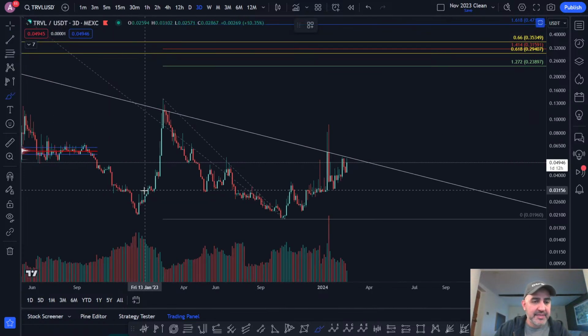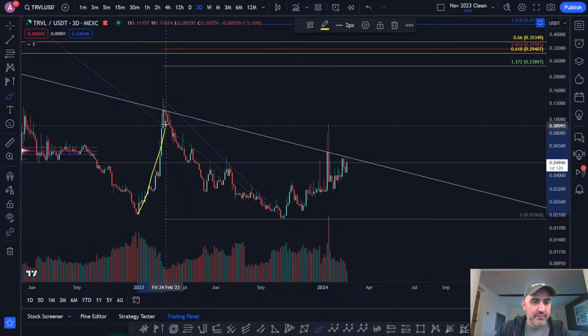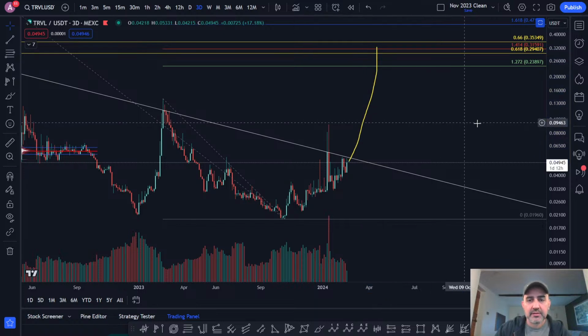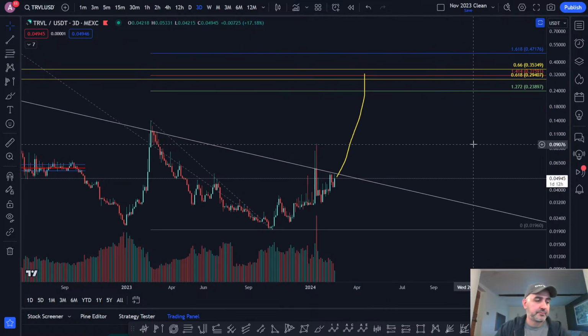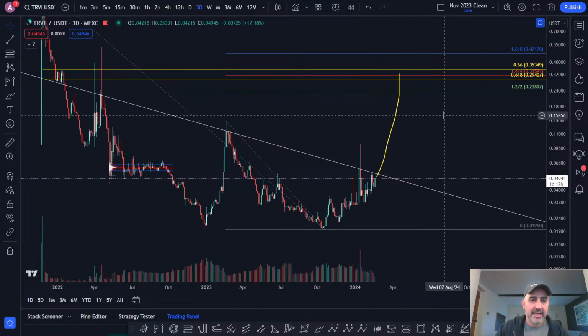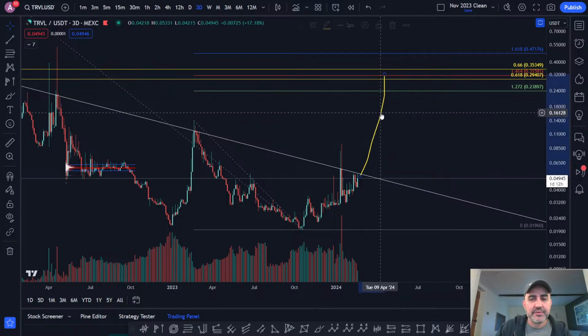And if we do get this kind of move up to there, from here, look, it's going to put us right into the golden pocket. So I am actually looking for the golden pocket as my first target, but you have to see how the price reacts at certain levels.